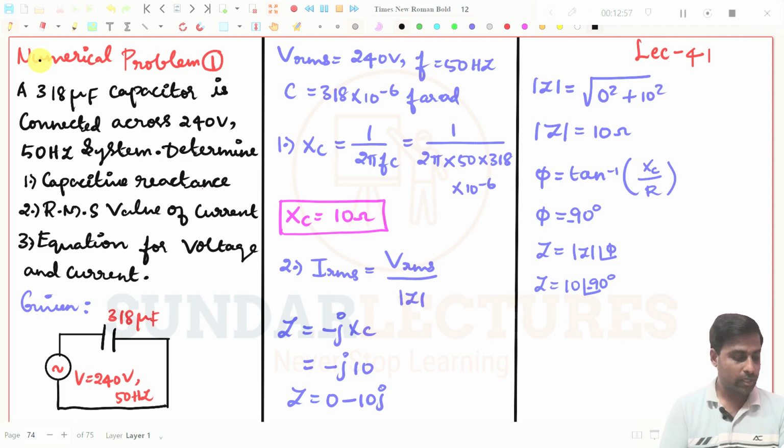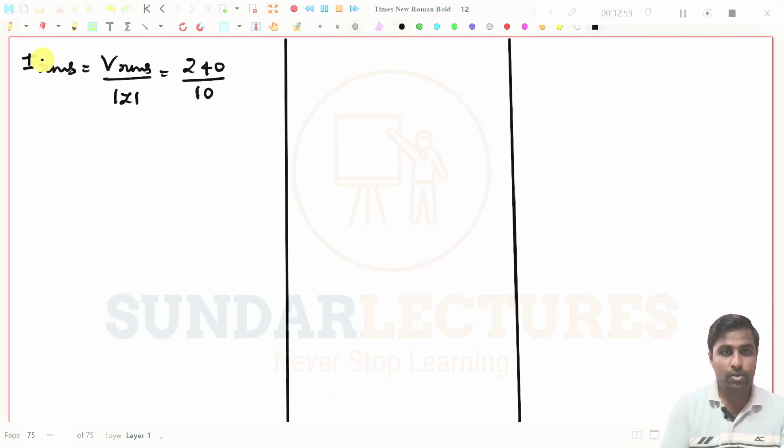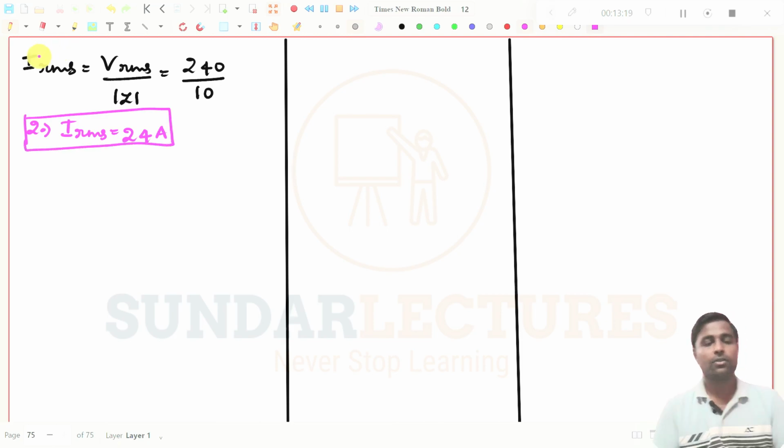So you will get 24. So IRMS is what we were asked to find. So I will write it down. For the second question, IRMS will be equal to 24 amperes. This is how you can write the expression.